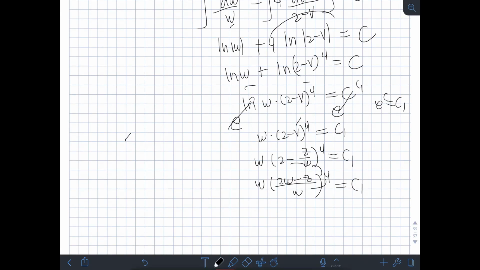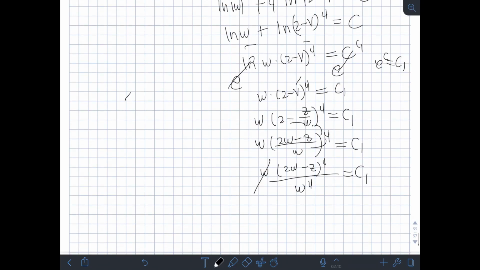Then, distribute ko yung exponent na 4, w times 2w minus z to the 4th over w to the 4th equals c1. So, may makakancel tayong w. So, 2w minus z to the 4th over w cubed equals c1.